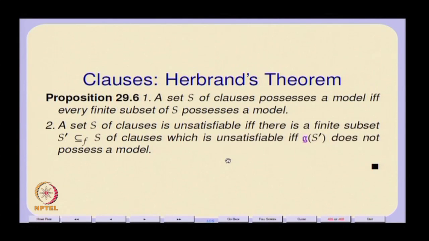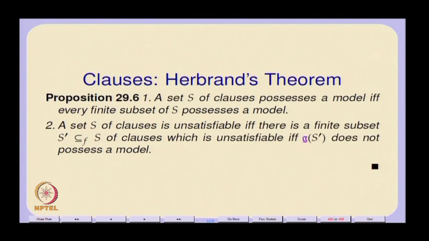Okay. So now Herbrand's theorem brought down to the level of clauses essentially says that a set of clauses possesses a model if and only if every finite subset possesses a model. And essentially, more importantly, a set S of clauses is unsatisfiable if and only if there is a finite subset S prime which is unsatisfiable, if and only if the ground instances G of S prime do not have a model, and actually we can go further.